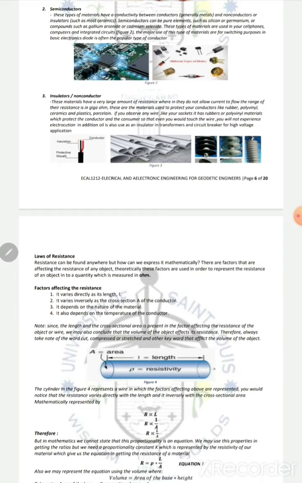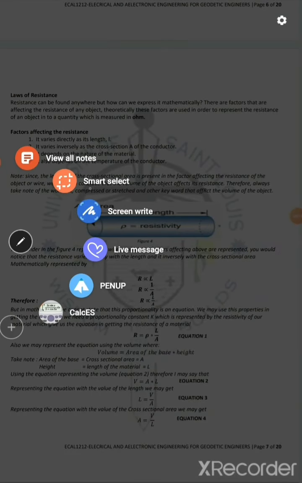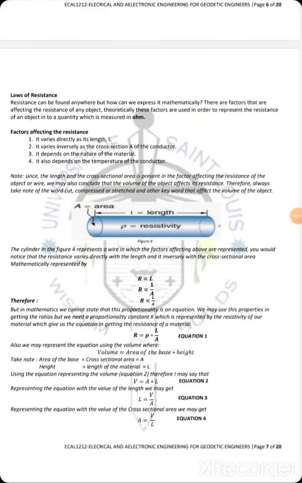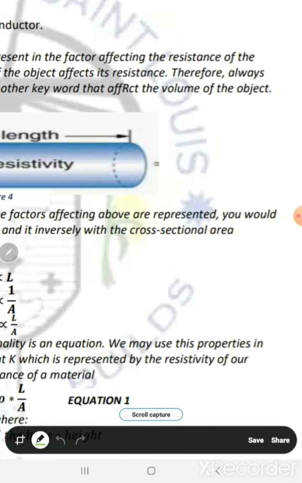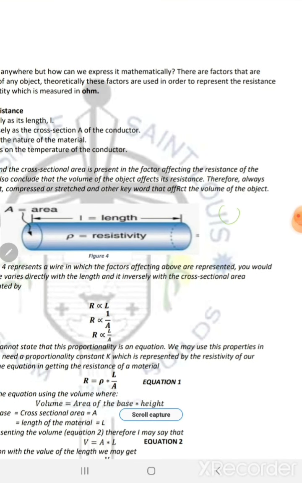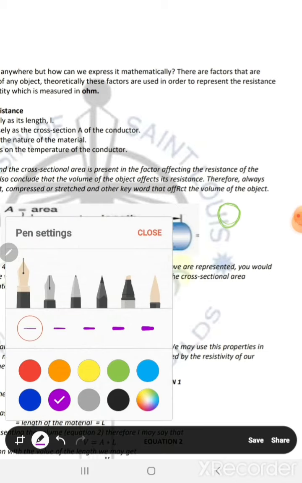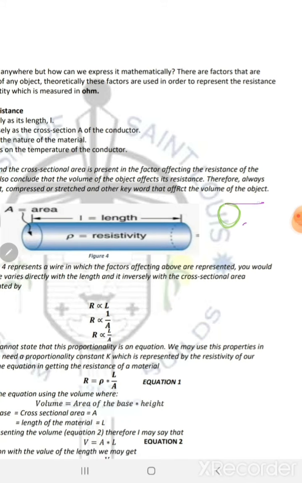When you talk about cross-sectional area, when I have a figure, let's say this is a cylinder, this is the cross-sectional area.